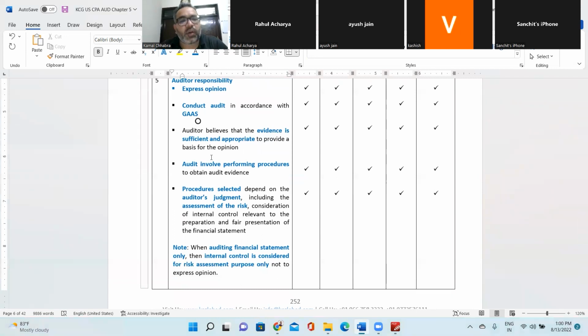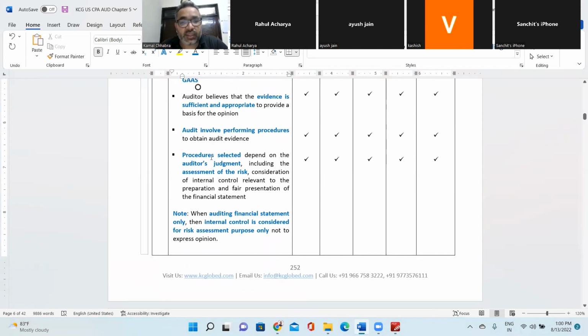So we have performed the audit procedure to obtain the respective evidence, and the procedures selected depend on the auditor's judgment, including the assessment of risk and consideration of internal control relevant to the preparation and fair presentation of financial statements. How we have identified and selected the sample is based on the auditor's professional judgment and the risk assessed by the auditor, considering the internal control relevant to the preparation and fair presentation of financial statements.